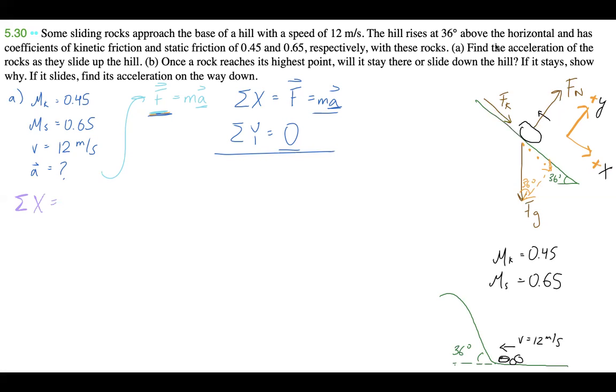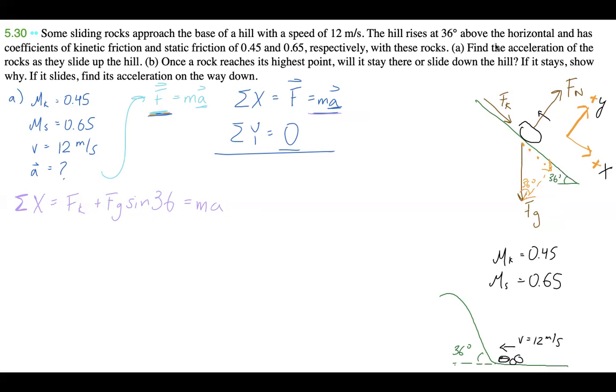So we have positive kinetic friction. And what else do we have? We also have this positive force component of gravity. And what's that component? It's Fg sine 36, right? Plus Fg sine 36. And as we said, that is equal to mass times acceleration.